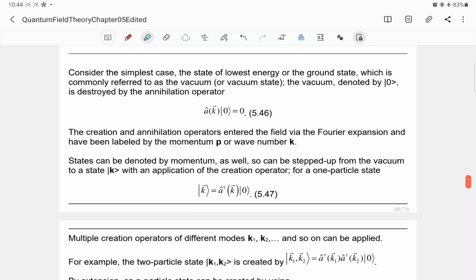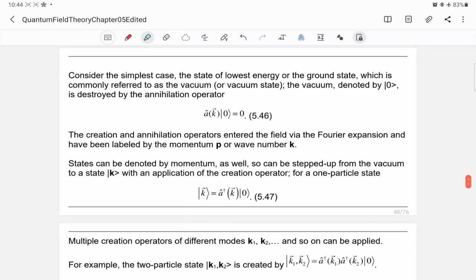which is denoted by this one, a state of zero particles. That means that there's no particle there in quantum field theory. And the annihilation operator would be able to destroy that field.